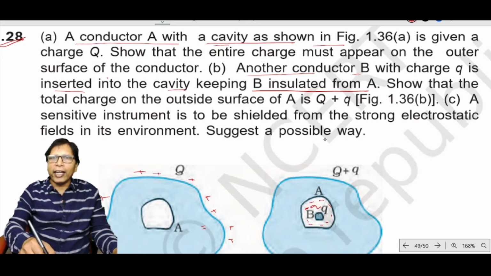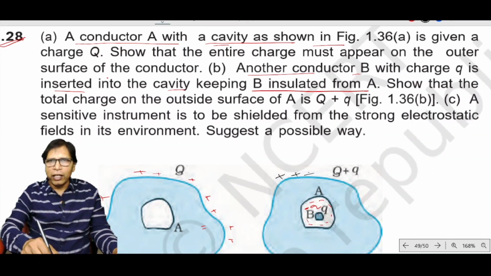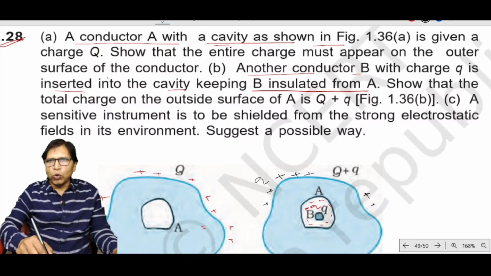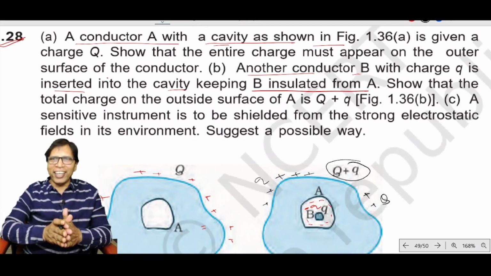The outer surface gets charge plus q due to induction. As the body already has charge plus Q, the total charge on it is Q plus q. Okay, no problem.